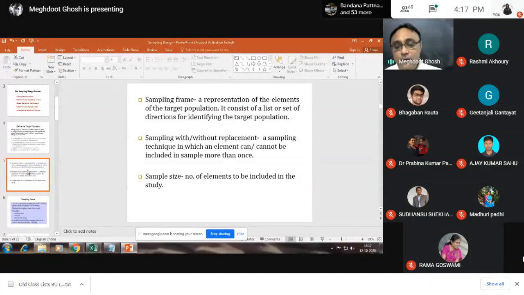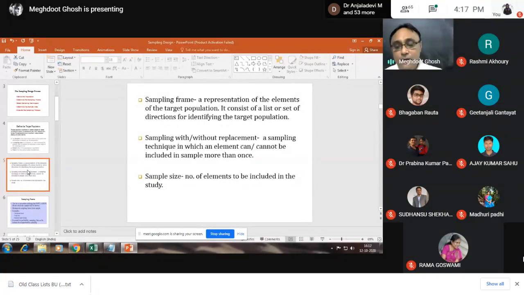So in your sample, that unit will not be repeated again. If you want repeated respondents in your sample, you can use sampling with replacement. If you don't want it, you can use without replacement. I will not replace the person from whom I have taken the information.